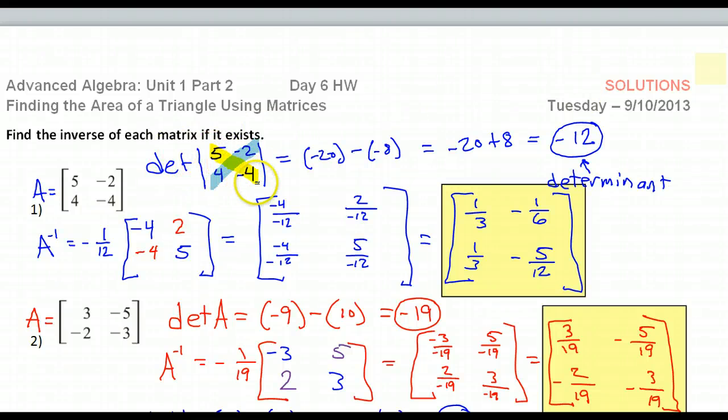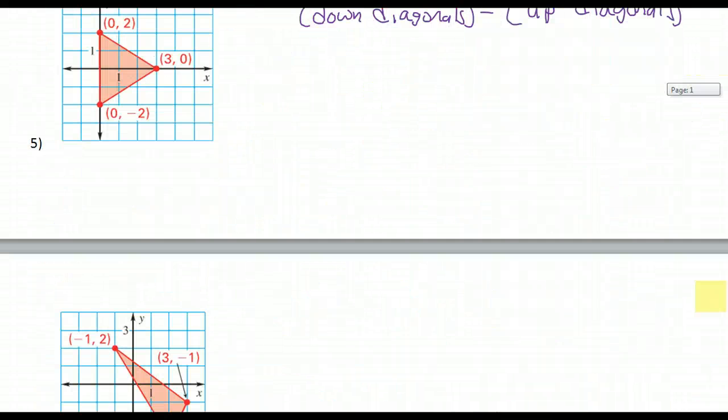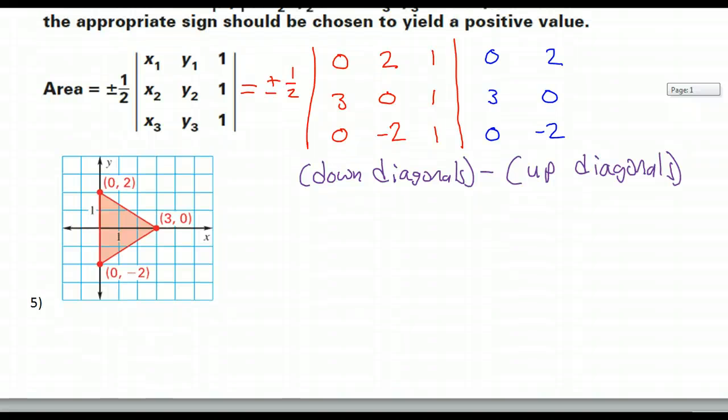We did one down diagonal minus one up diagonal, and we got an answer. The only difference is there will be 3 down diagonals and 3 up diagonals to deal with.